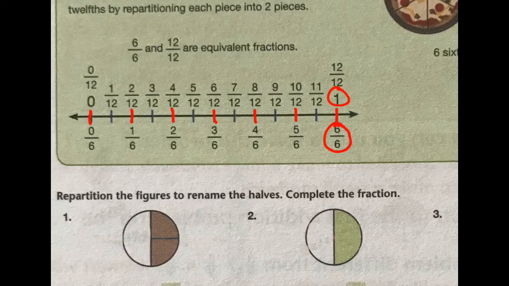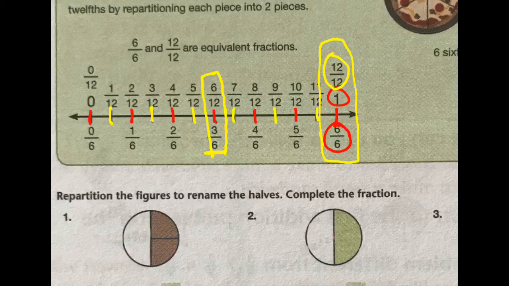She had to cut the pizza into 12, so then she added more cuts to make 12 equal pieces. We found out 12/12 is the same as 6/6. See how it's right on top of each other right there? Just like if we look here at 3/6 is exactly the same value as 6/12. 2/6 has the same value as 4/12.